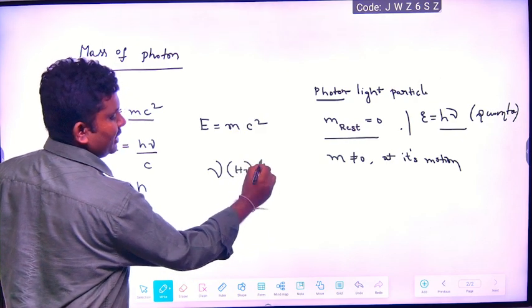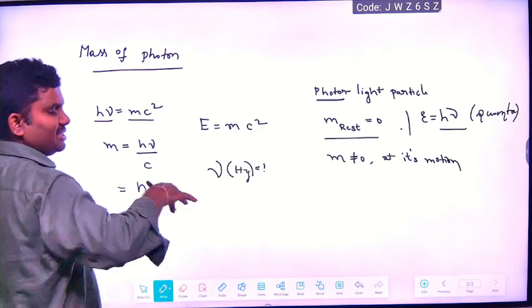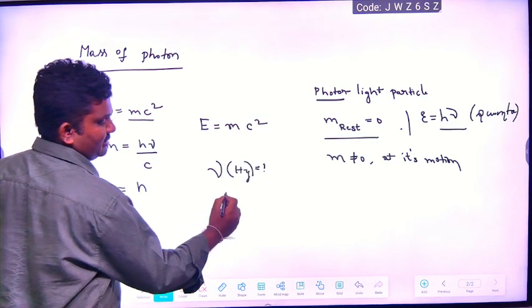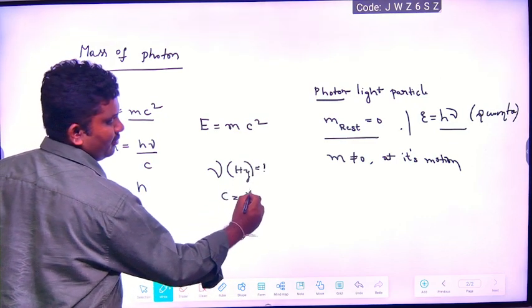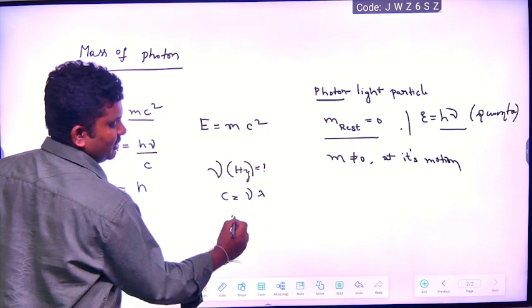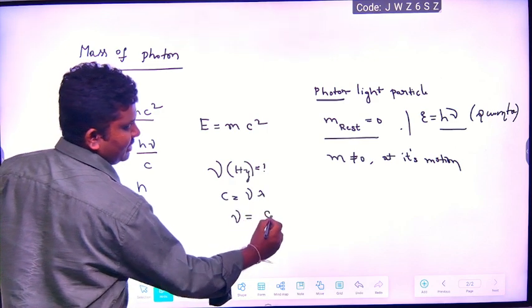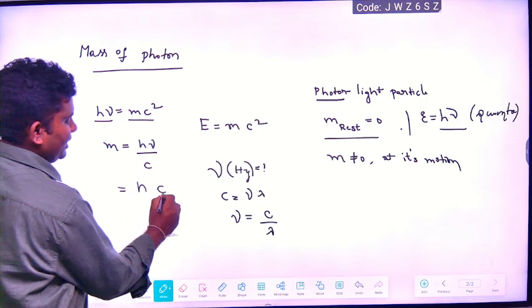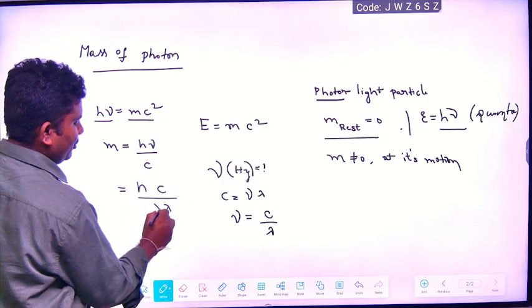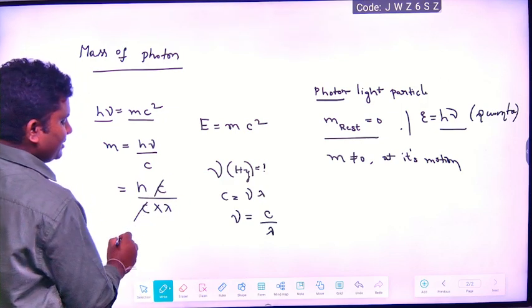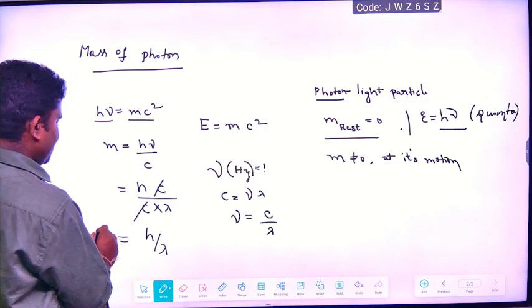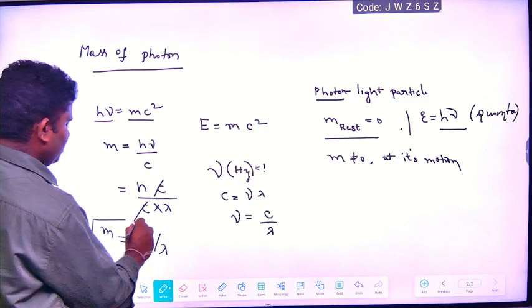What is frequency in terms of velocity and wavelength? c is equal to frequency times wavelength, so mu is equal to c divided by lambda. One c cancels, and m is h divided by c lambda. This is the mass of a photon.